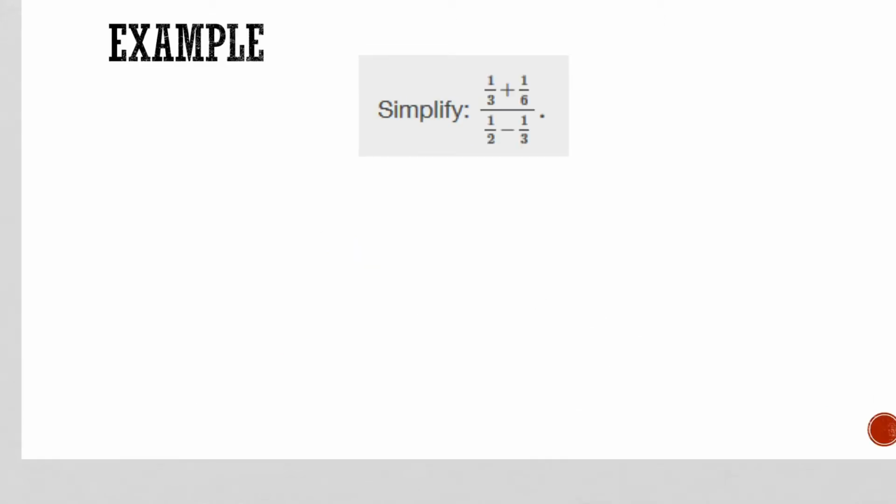All right, so take a look at this. Now, we need to simplify the numerator. Okay, so I'm going to write that 1/3 plus 1/6. That's the same thing as 2/6 plus 1/6. Now we have a common denominator, right? 2/6 plus 1/6 is 3/6, which is the same thing as 1/2, okay?